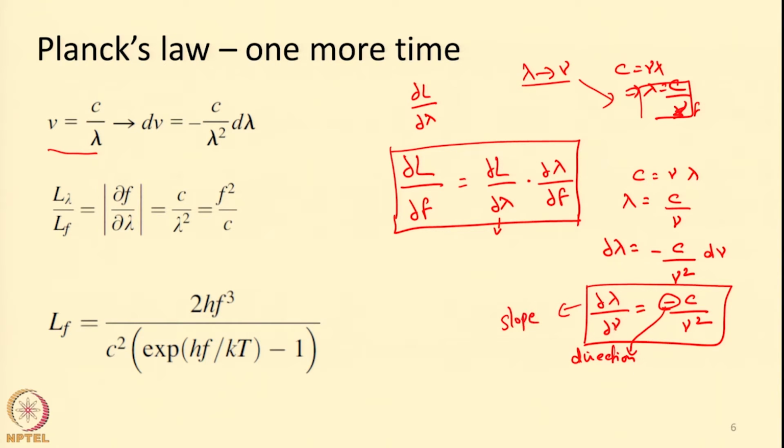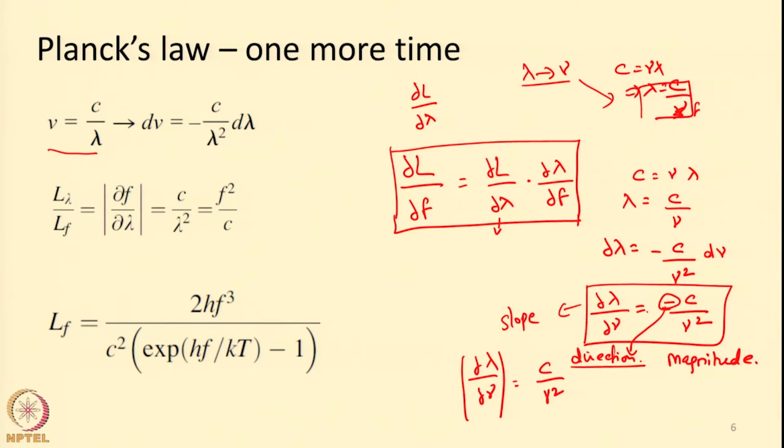For our particular application, the direction is not important, but what we need is the magnitude. So, I am just going to take the modulus of this function, which means c/ν², the minus sign will go off.